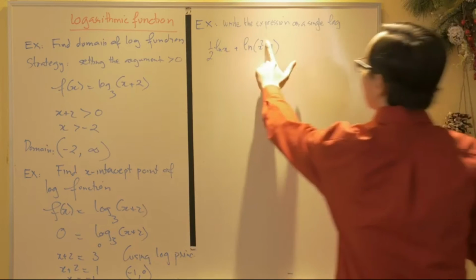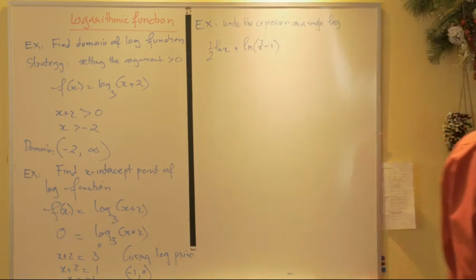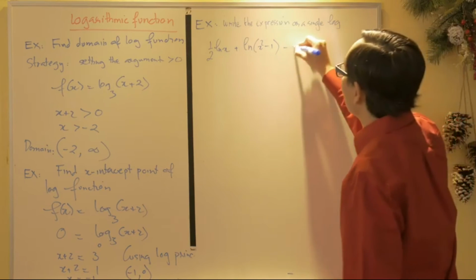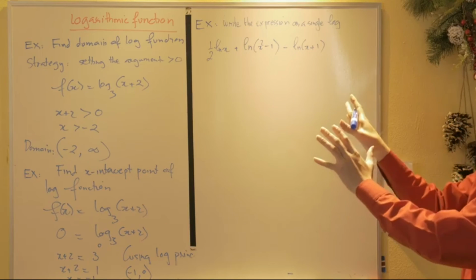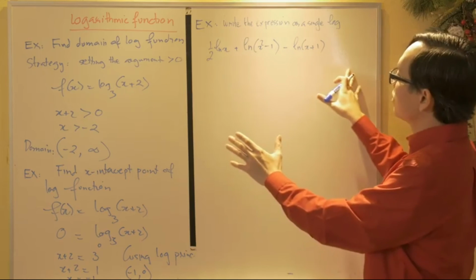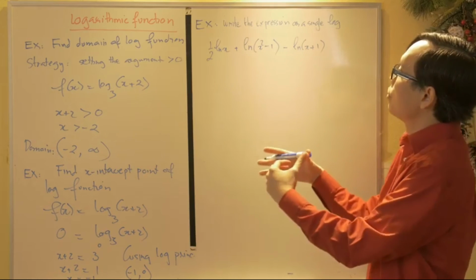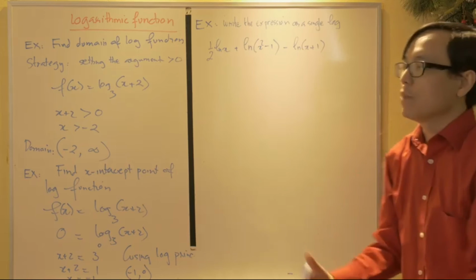Oh, it's minus, I'm sorry. Minus ln(x plus 1). So the question is in the sum and difference form, and I want to rewrite it as the quotient and product form as a single log.